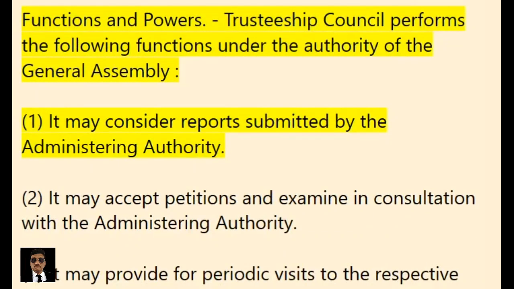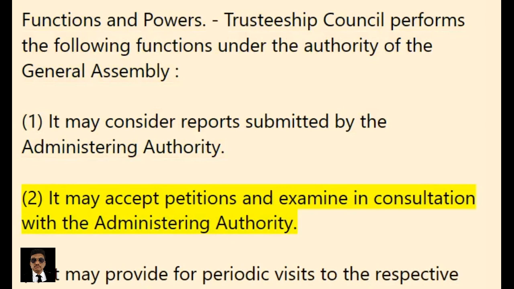Functions and powers. The Trusteeship Council performs the following functions under the authority of the General Assembly. 1. It may consider reports submitted by the administering authority. 2. It may accept petitions and examine them in consultation with the administering authority. 3.